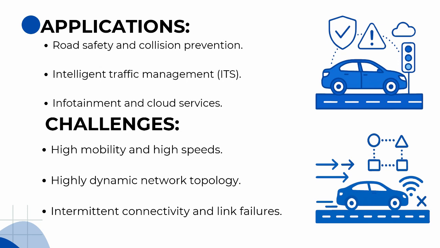We face the challenge of high mobility, which causes what we call dynamic topology. The path a piece of data travels now may no longer exist in half a second. Furthermore, we face shadowing caused by buildings and other large vehicles, which generates constant connectivity failures and demands very robust routing protocols.